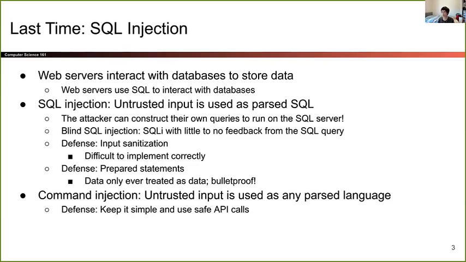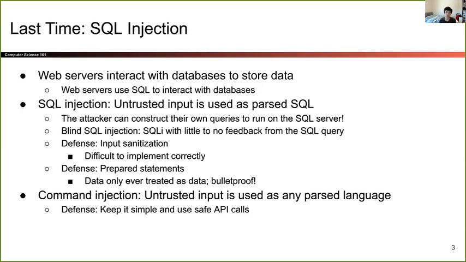So just to recap what we talked about last week, it's a different module, but it's all right. We talked about SQL injection, which relies on SQL servers, which web servers use to store data. If you use untrusted input as SQL that's going to be parsed, then this gives attackers the opportunity to run their own queries and exploit that hole in your system.